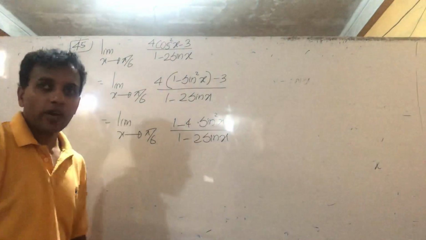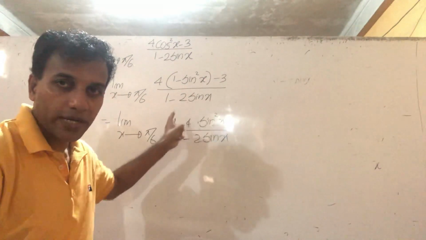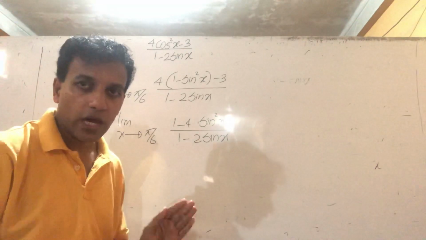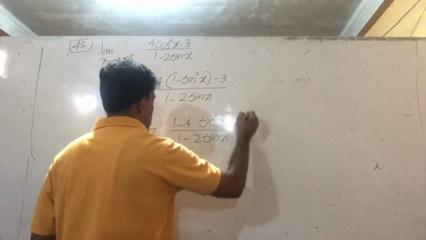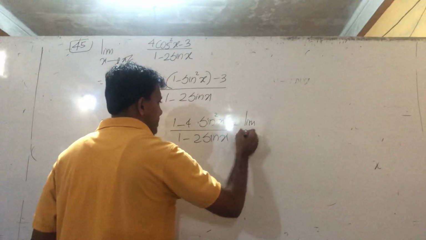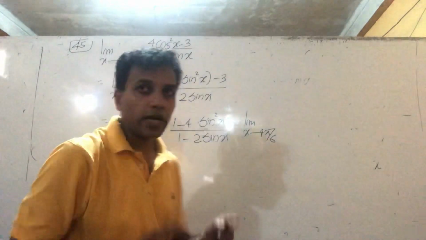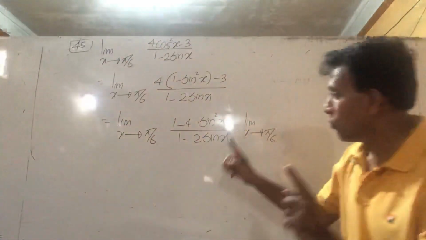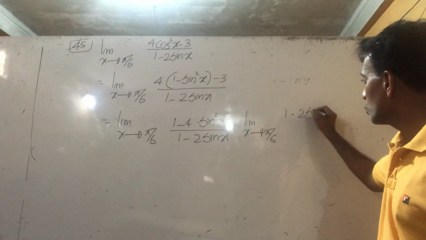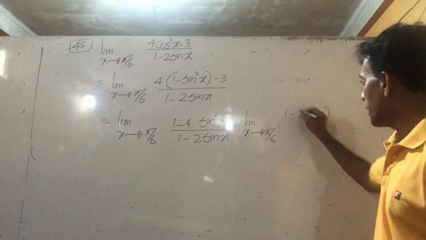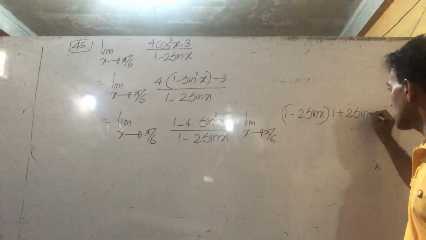If you identify properly what happened here, you can factorize. A square minus b square factorization: a minus b, a plus b, right? So factorize: 1 minus 2 sine x into 1 plus 2 sine x.